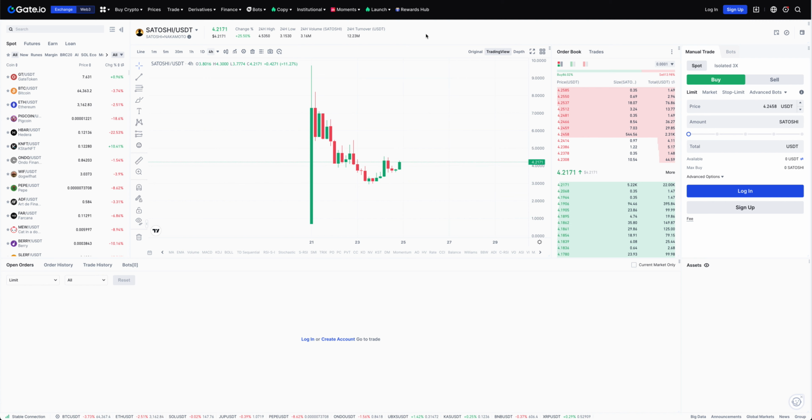But having this coin listed on an exchange like Gate.io is very good because now you have a much bigger audience, a bigger reach for people to buy Satoshi Nakamoto coin, versus going through, I don't know, Magic Eden or Ordinals, Unisat, whatever.